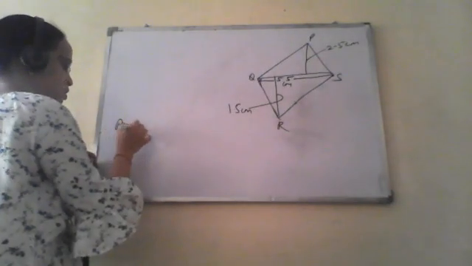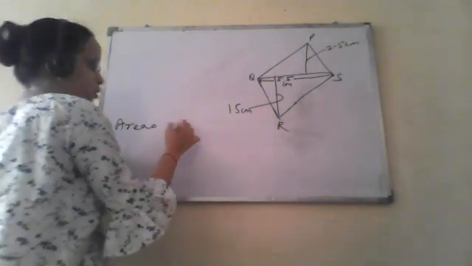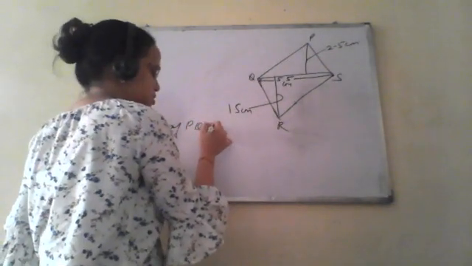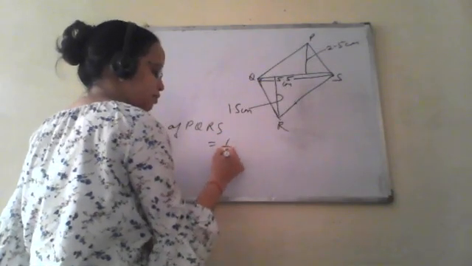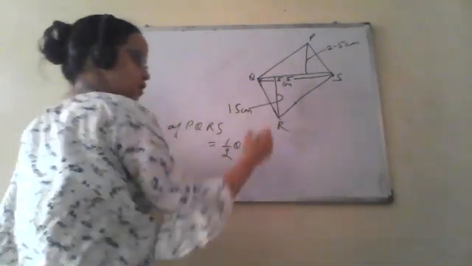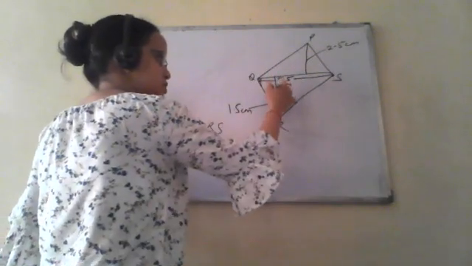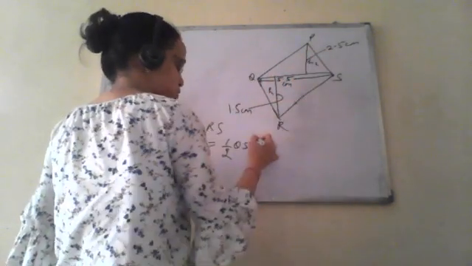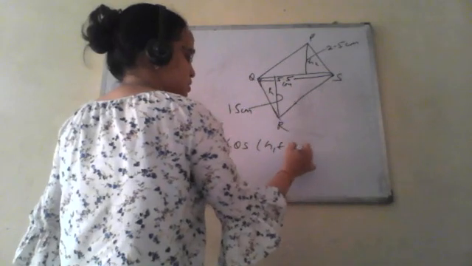So the area of PQRS is half into this diagonal, that is QS, times H1 plus H2.